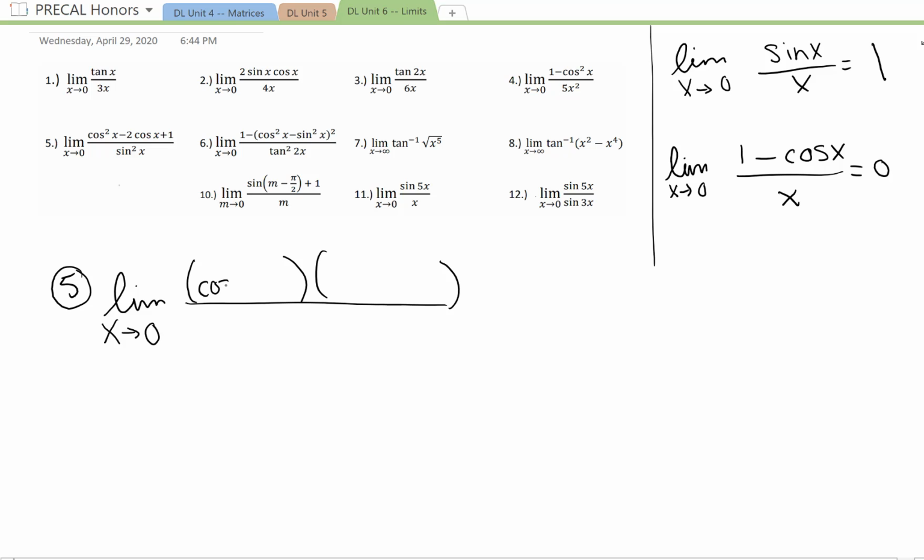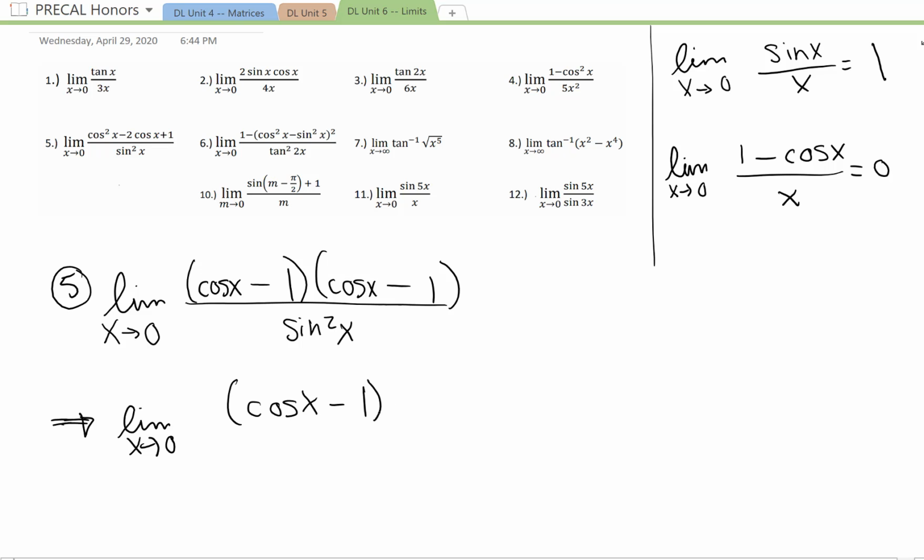Cosine x times cosine x gives me cosine squared x. 1 times 1 is the only way to get 1, and if they're both subtracting, then we do get a negative 2 cosine x over sine squared x. This is actually a cosine x minus 1 quantity squared over, well, we could also write this as sine squared x.